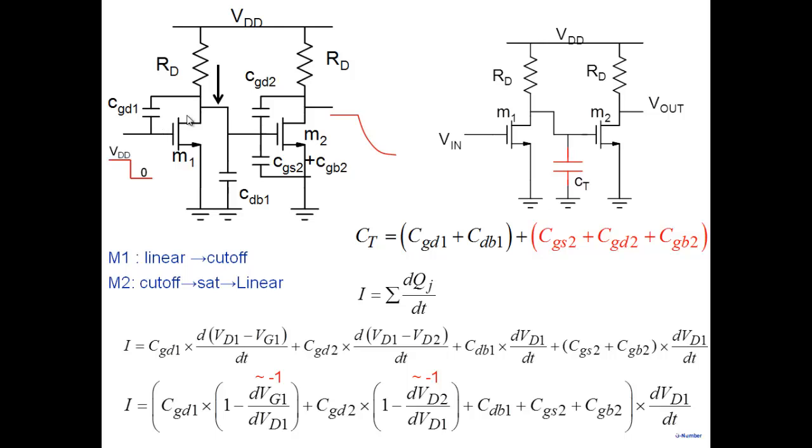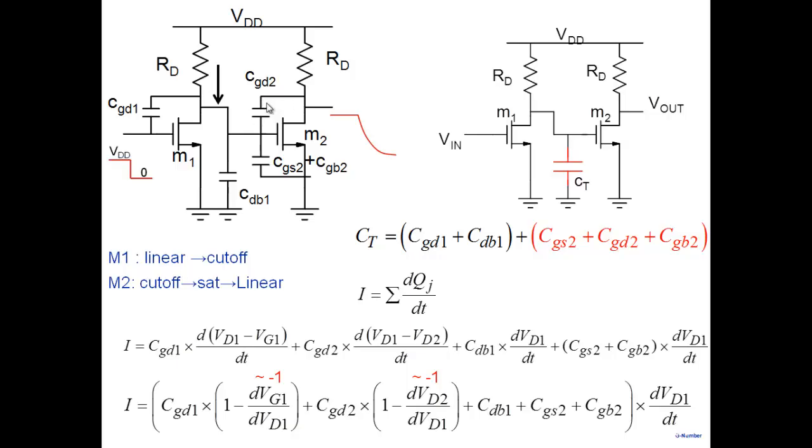As you go from 0 to VDD here, this goes from VDD to 0 here. So if you look at Miller's effect, any capacitor connected between here and here will become CGD2 multiplied by 1 minus AV. AV is the average gain, so that is also -1. So it's like twice of CGD2.